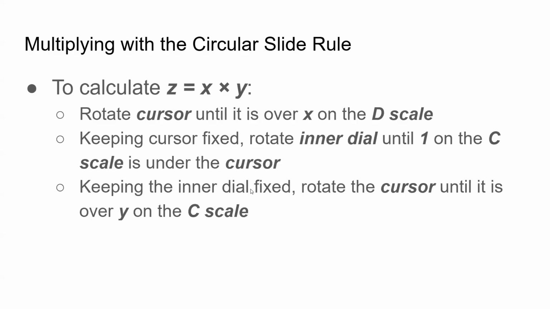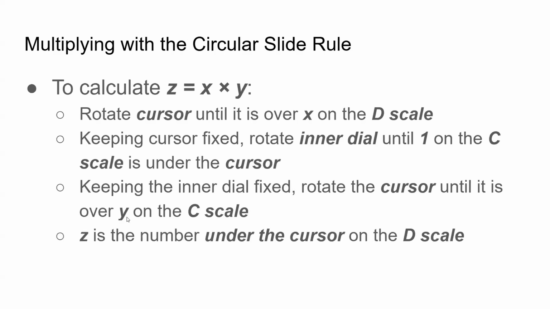Then I keep the inner dial fixed and rotate the cursor until it's over y on the C scale. So my result, again in scientific notation, and I have to know what the exponents are going to be, the result z is going to be the number under the cursor on the D scale.